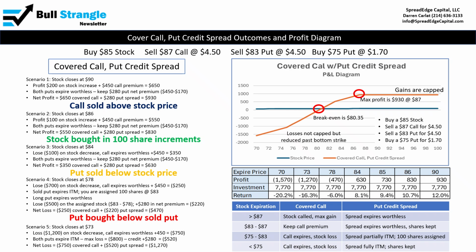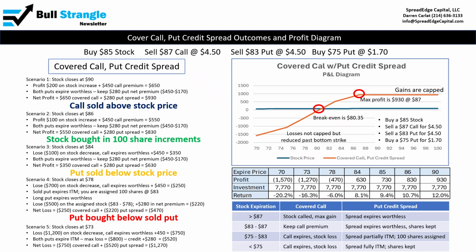Now, the profit and loss, comparing this strategy to the previous strategy, are exactly the same for the first four scenarios, except for the $170 that we spent. So if you just take the previous scenario and you subtract $170 from each of the first four scenarios, you end up with your profit or loss here.